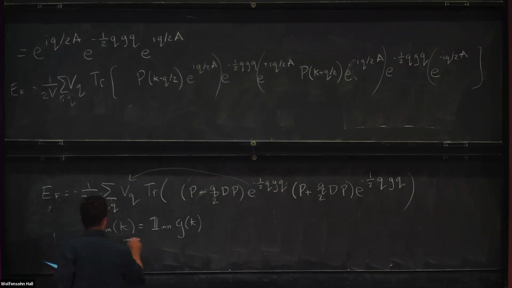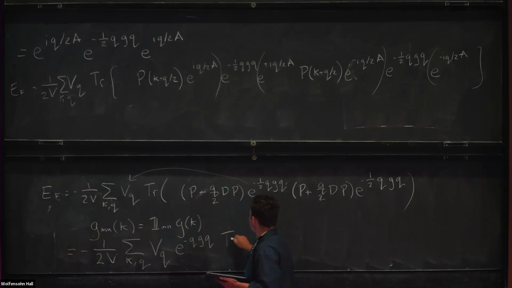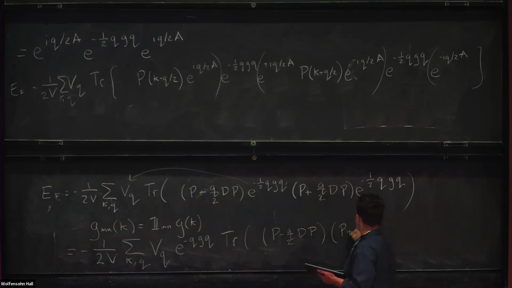it just kind of effectively weights the Coulomb interaction V q with a factor of e to the negative q g q, which is the Gaussian damping, which justifies this whole approach. And then I'm left only with the trace of P minus q over 2 dP, P plus q over 2 dP.